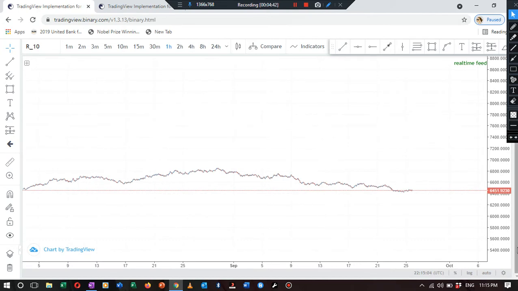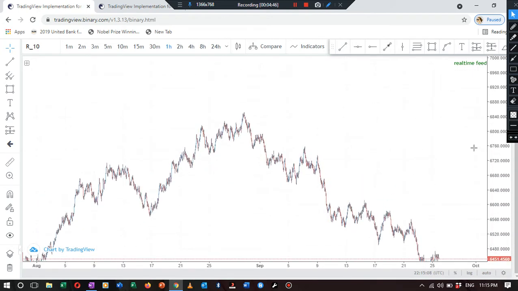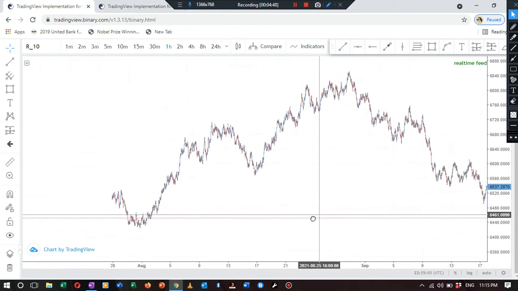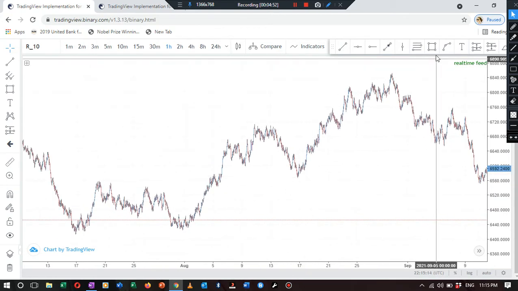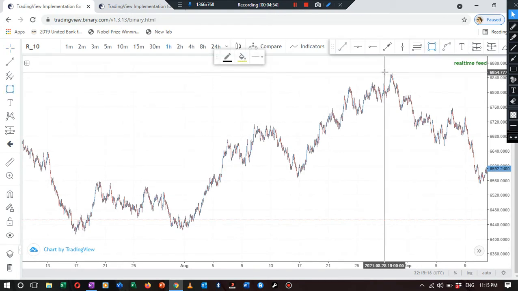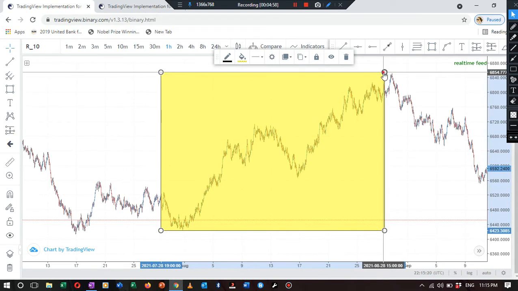Oh, our chart has disappeared, but we'll highlight it again. We can still see our price movement here.